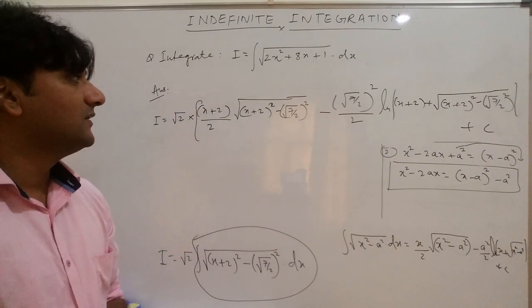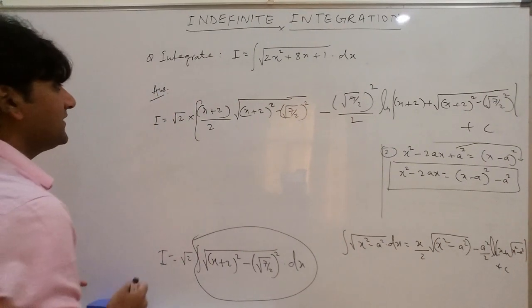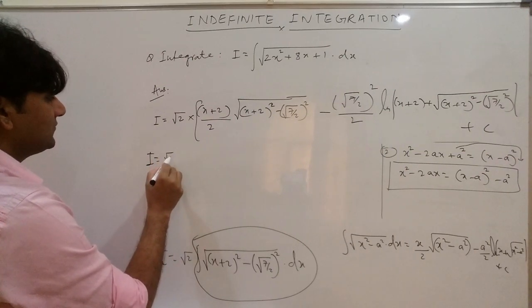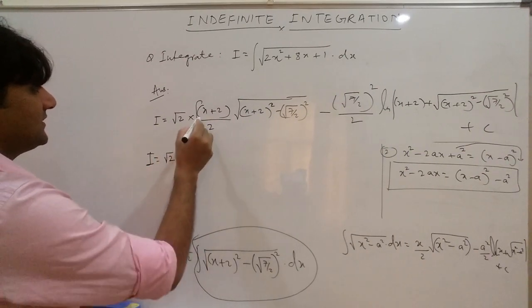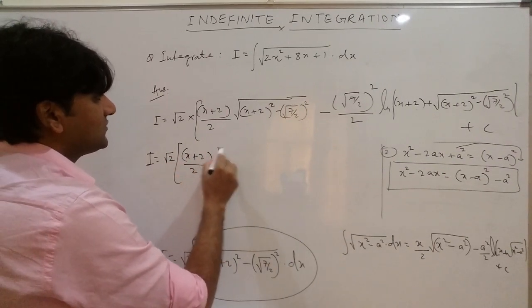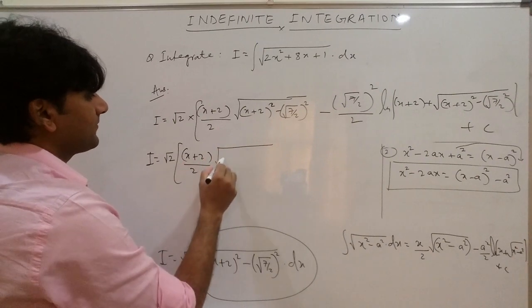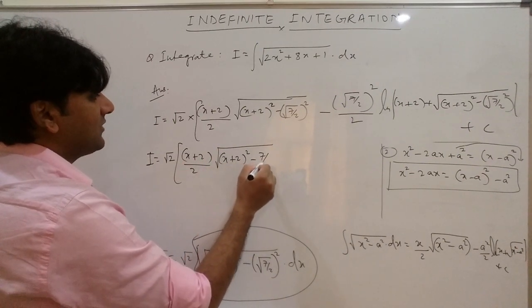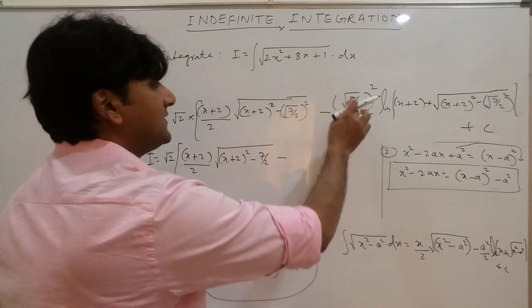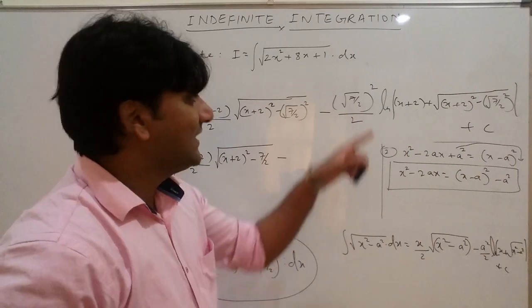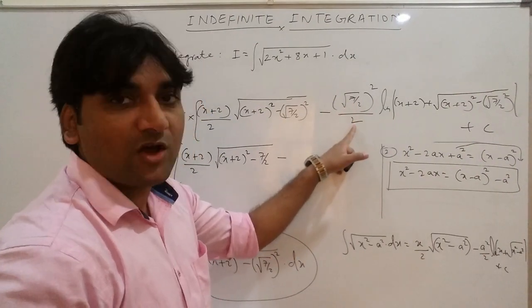Okay? So if you want to calculate it further, if you want to reduce it, you can. This is root 2 and this is x plus 2 over 2, times root x plus 2 whole square minus 7 over 2, minus, if you open this root 7 over 2 whole square, you will get 7 over 2 and this 2 in denominator.